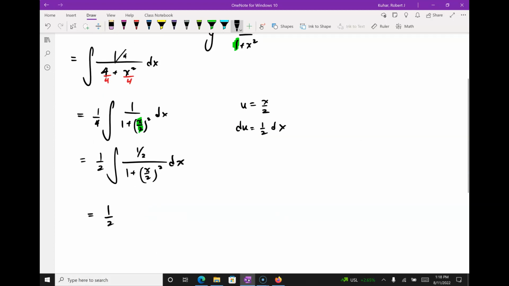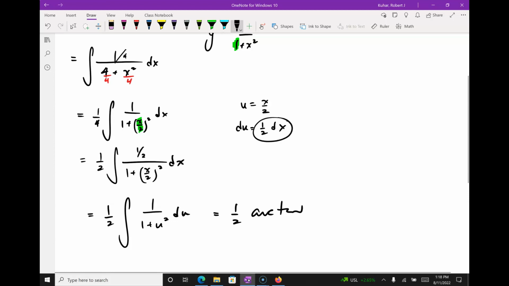So I have 1/2 of the integral of 1 over 1 plus u squared du. That's what I wanted. So that's 1/2 times 1/2 is 1/4. Why did I do that? Because I needed a 1/2 dx. So I get 1/2 arctan of u plus c, but u is x over 2.